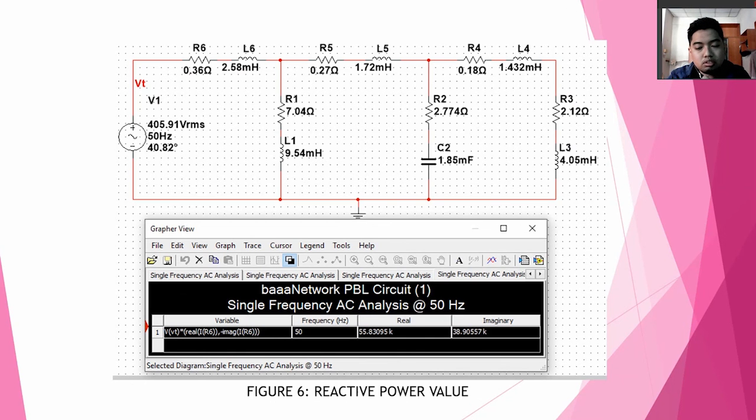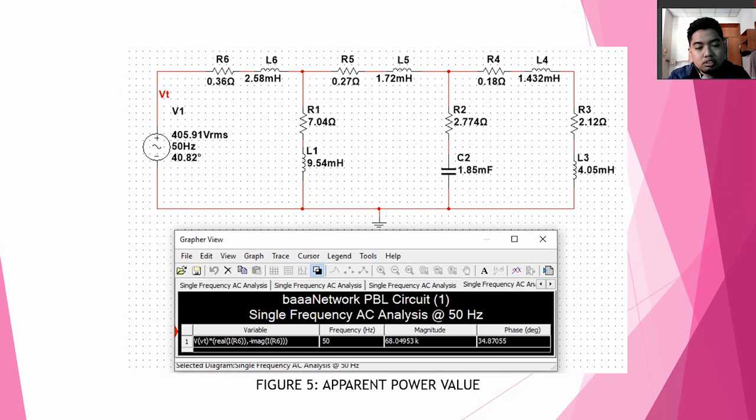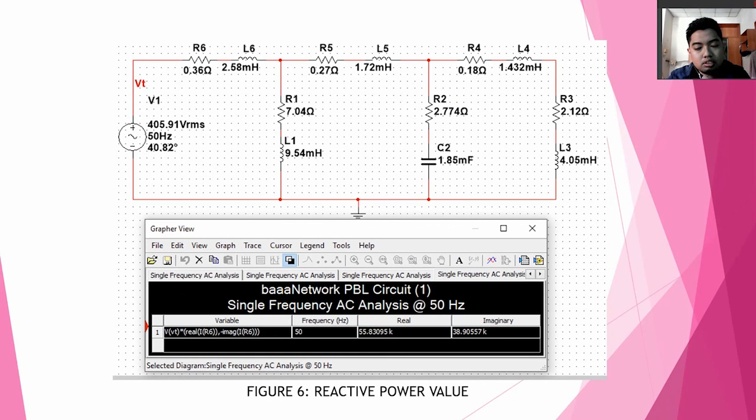The same goes for the reactive power value. The formula is still the same as the apparent power value, but we just change the value from polar form to rectangular form. As we can see, we can know the real and imaginary numbers.